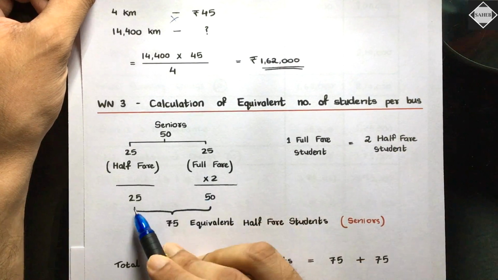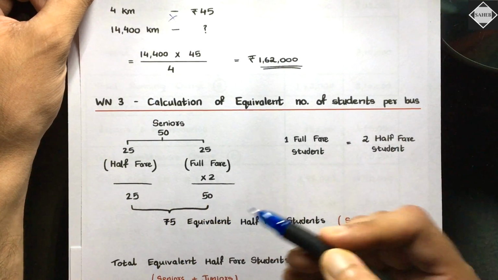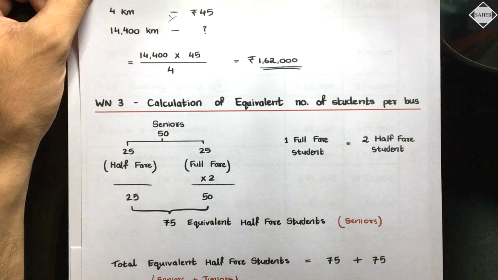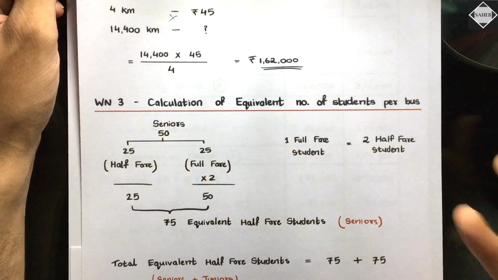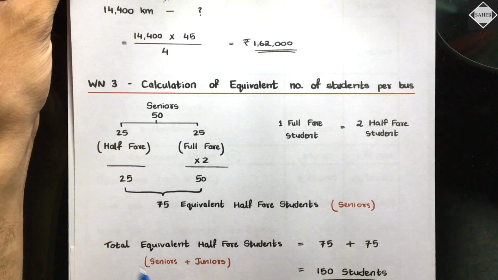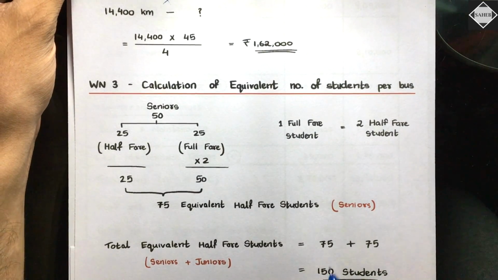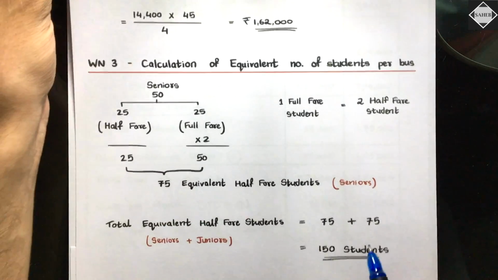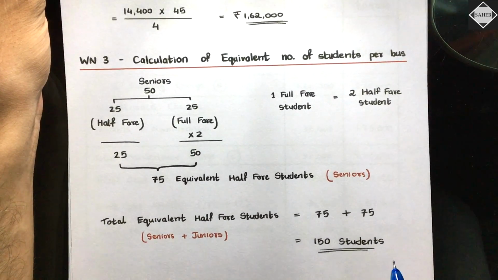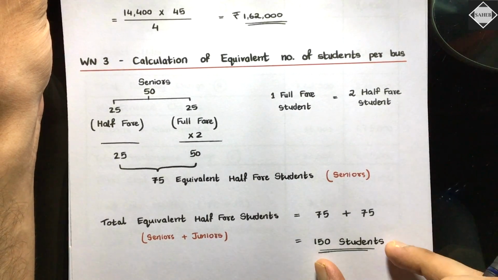So that's 50, and in total it was 75 equivalent half fare students. This was just for seniors. The same thing we have to do for juniors. You don't have to show it, you can directly take it over here. Total equivalent half fare students, seniors plus juniors, 75 plus 75, is equal to 150 equivalent half fare students. Is that clear? Then we use this in the denominator.